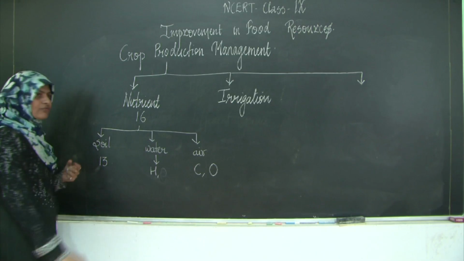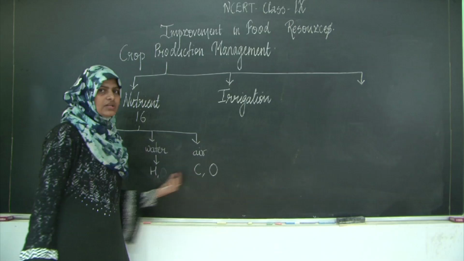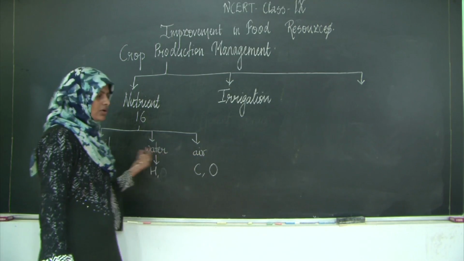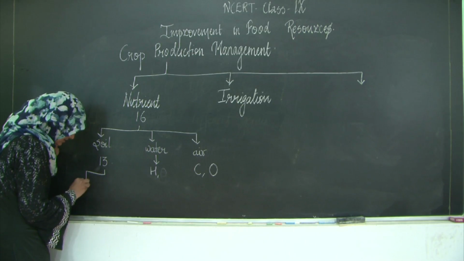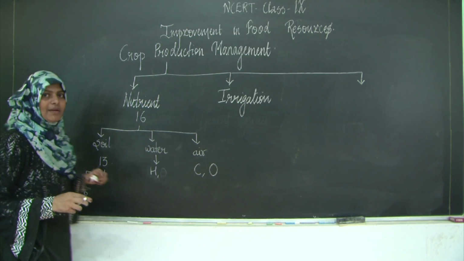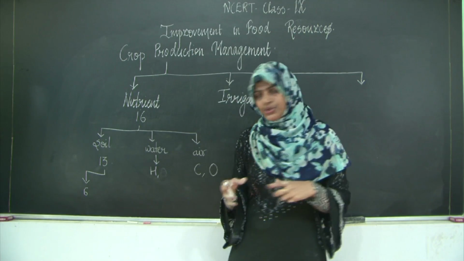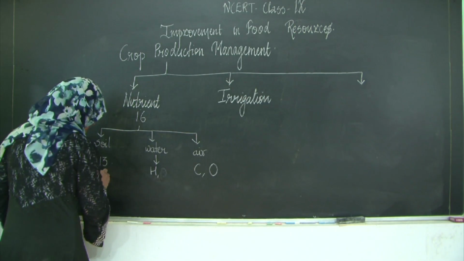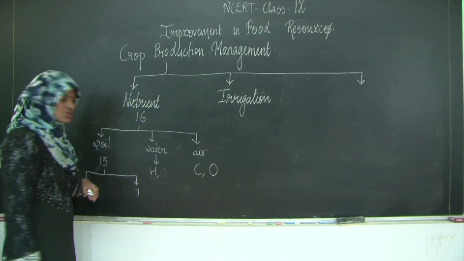Out of these 16, you have carbon, oxygen, and hydrogen which they get from air and water, and there are 13 nutrients which they get from soil. Out of these 13, there are 6 nutrients which are required by them in a larger quantity. That's why they are called macronutrients. And then there are 7 which are required in a smaller quantity.